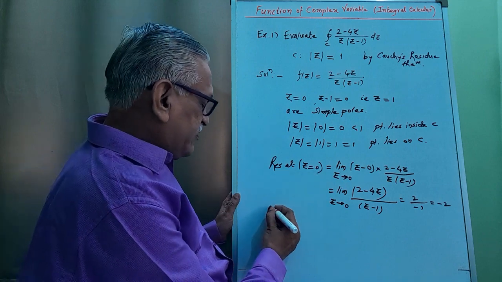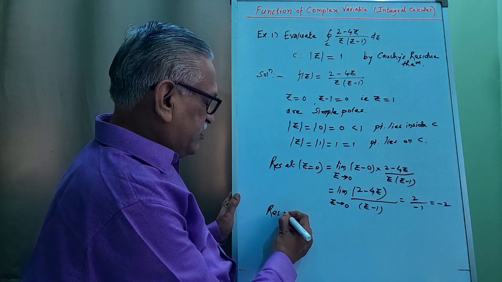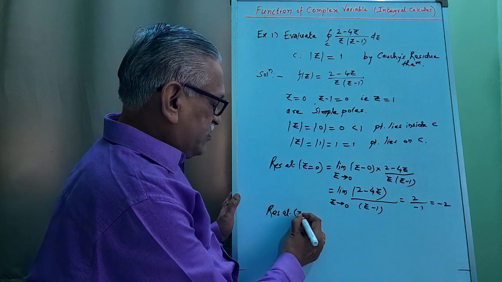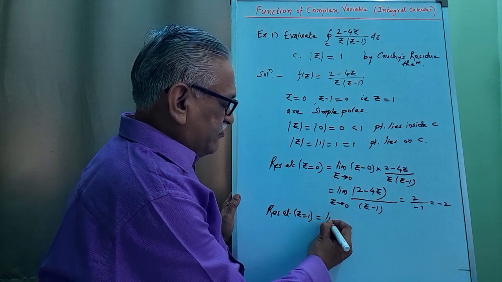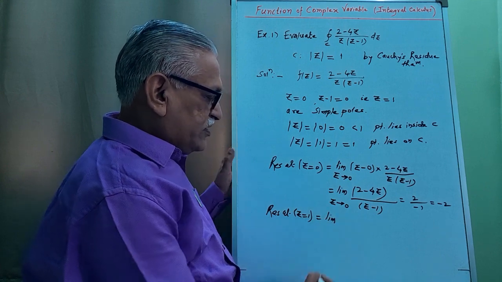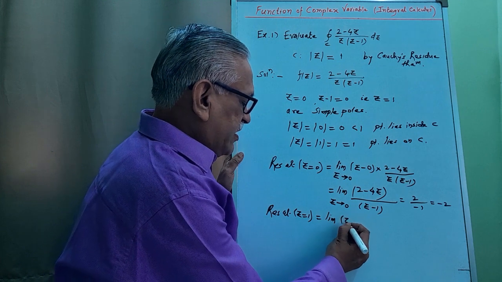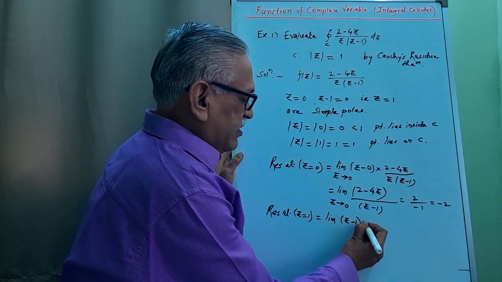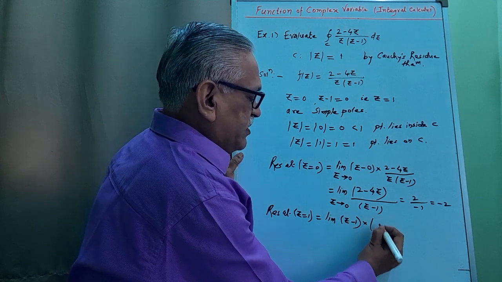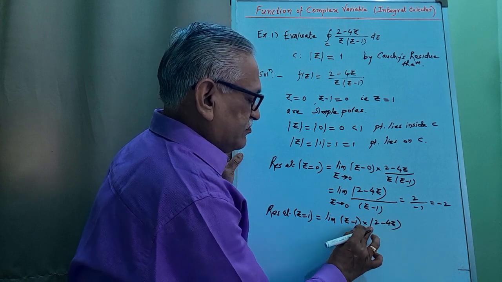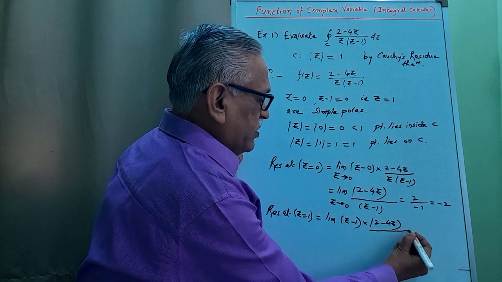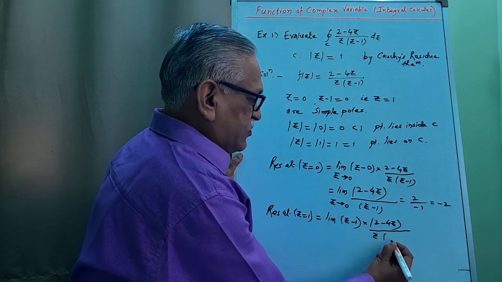Then we determine the residue at the second point, z equals 1. Once again applying that formula. As it is a simple pole, it is the limit of (z minus 1) into f(z). f(z) is (2 minus 4z) whole divided by z into (z minus 1).